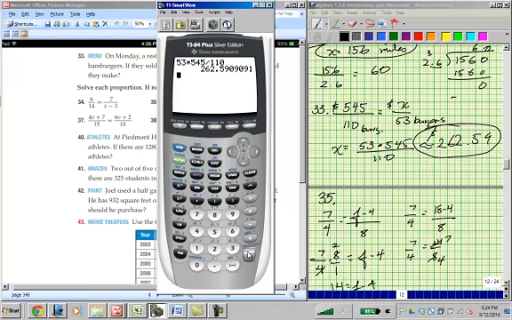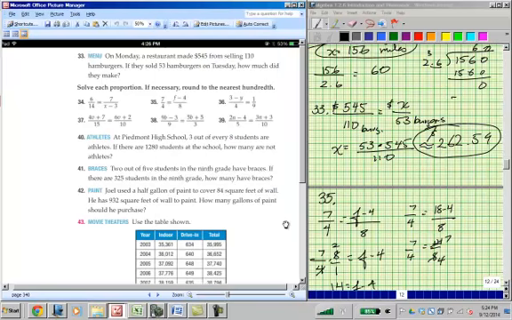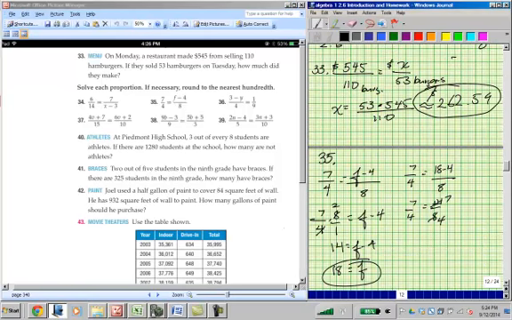35. 7 over 4. Now we're just solving proportions. We got a fraction equaling a fraction: 7 over 4 equals f minus 4 over 8. So I got means and extremes here. If a over b equals c over d, then AD equals BC.